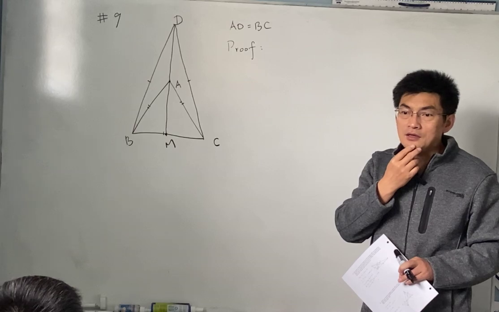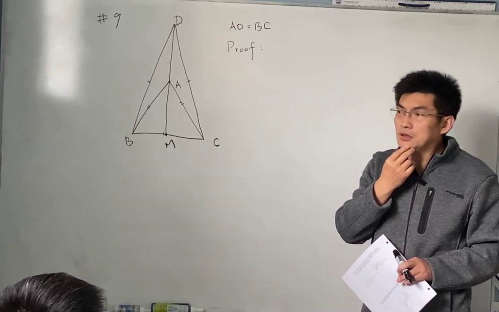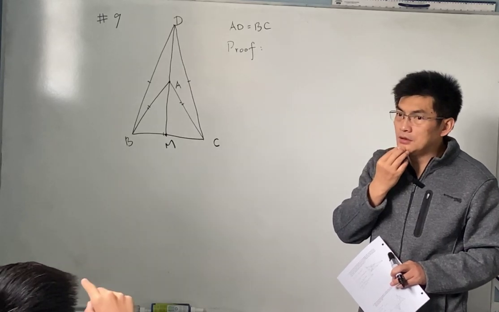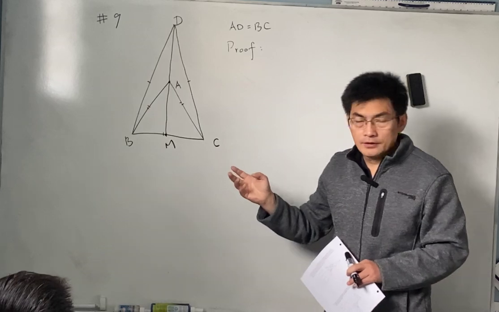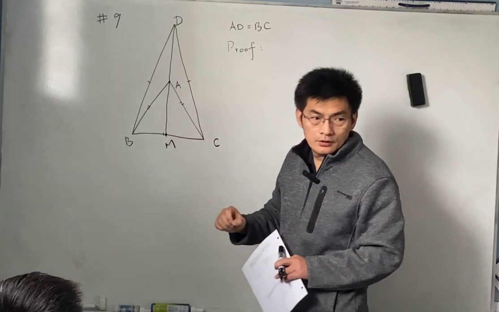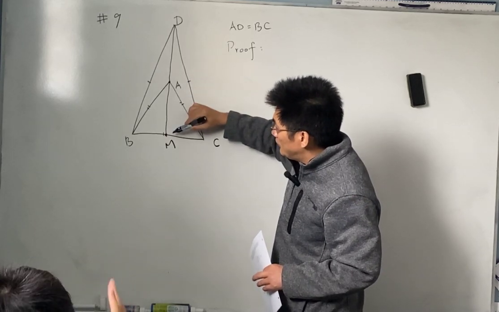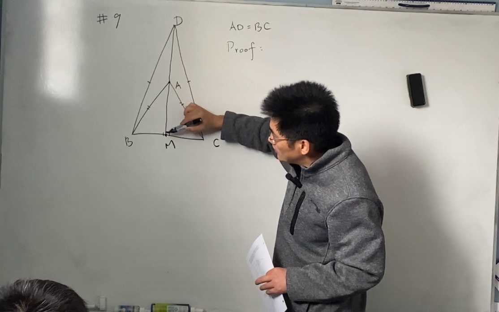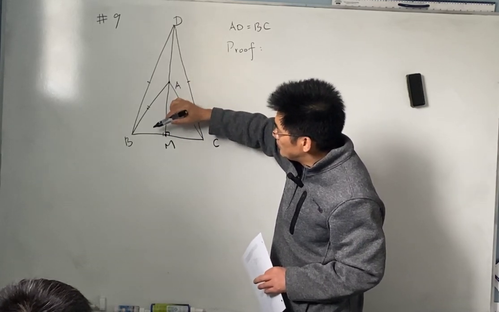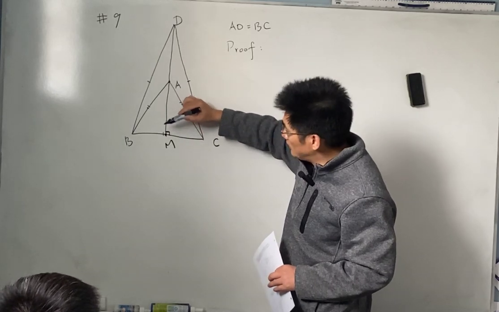Well, it's an equilateral triangle. So if you made a midpoint between B and C, then the line going up would be perpendicular. That's true for both the equilateral and the isosceles triangle, since they share the same base. So this is the midpoint, and for this equilateral triangle, this line AM is perpendicular to BC.